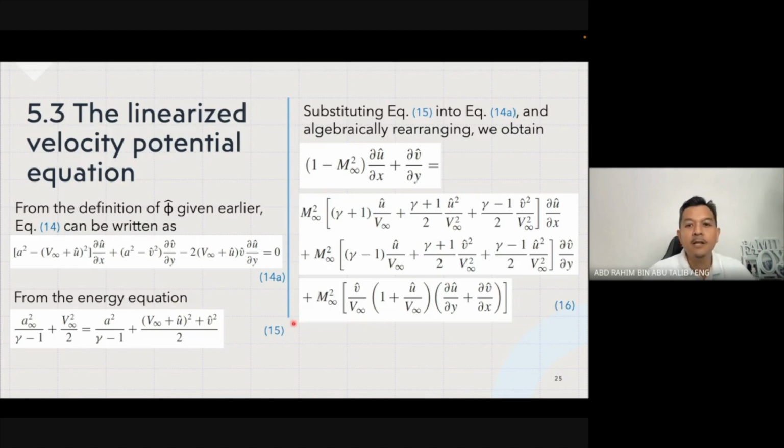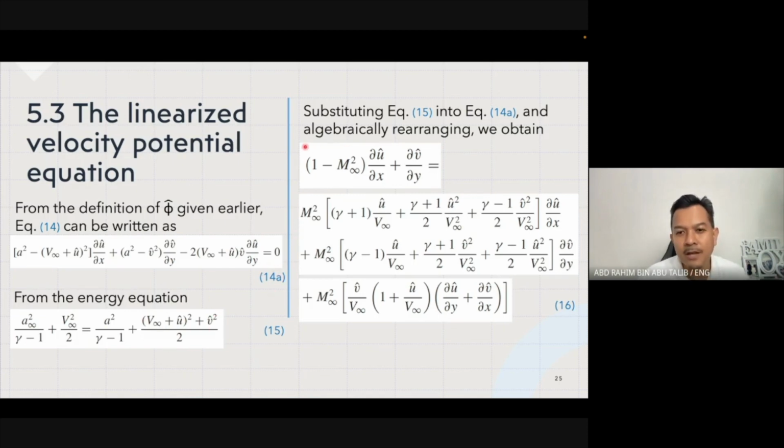All right. What we will do next is basically substitute equation 15 into equation 14. So you want to use this expression of the speed of sound squared over gamma minus 1 plus this component into 14a.